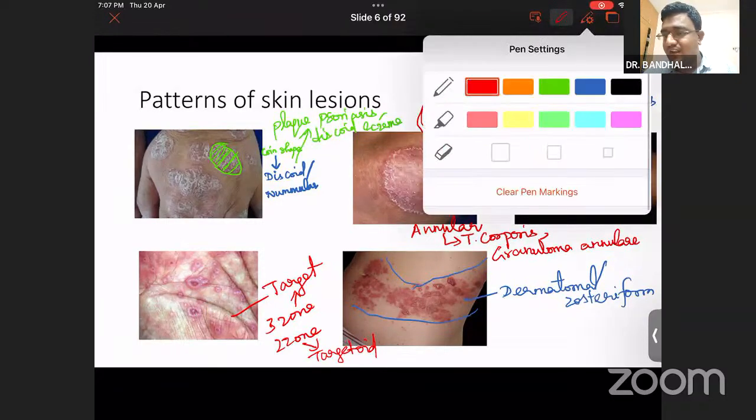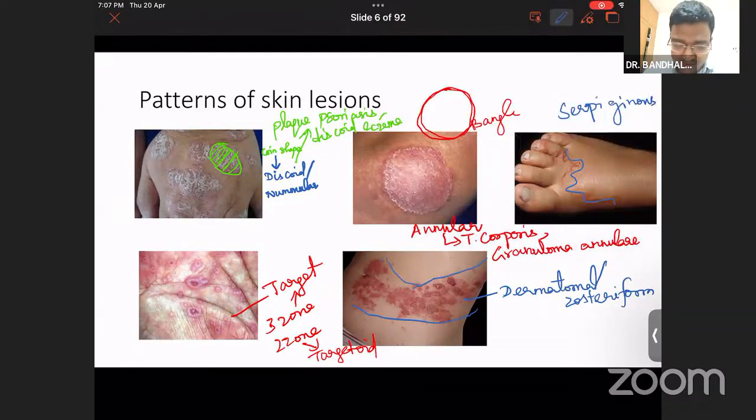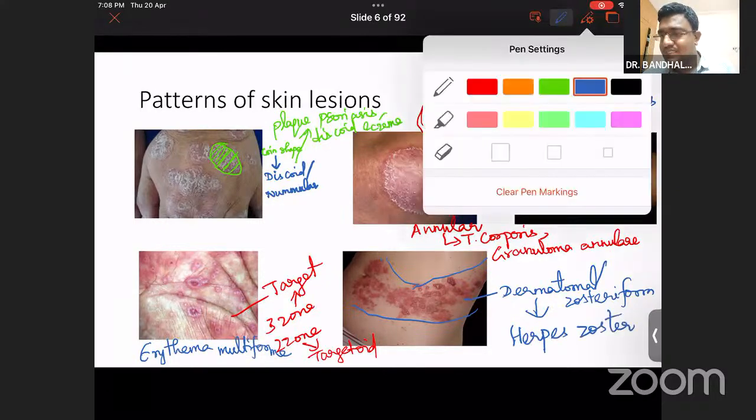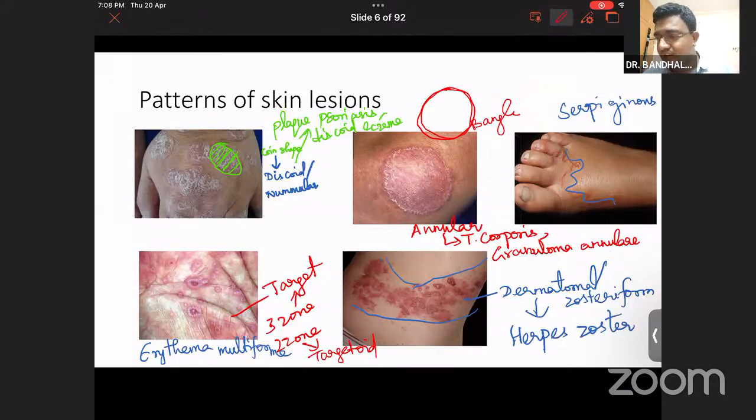Next, for target lesion, you have to remember one thing, which is erythema multiforme, which also can be asked. Erythema multiforme is characterized by target-type skin lesion. Dermatomal is characteristic of herpes zoster, which is a viral infection. Serpiginous, you can remember cutaneous larva migrans.